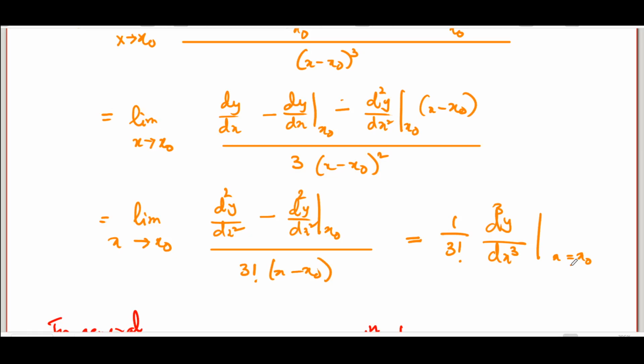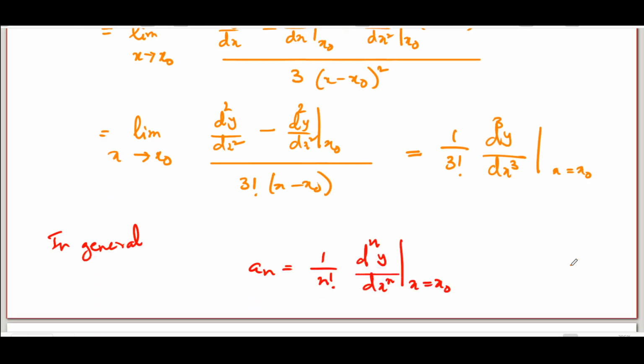It should be pretty obvious that proceeding in this way, the general result will be that the nth coefficient of the asymptotic series, an, must be 1 by n factorial d^n y/dx^n at x equal to x0, which of course is the same as the Taylor series coefficients.